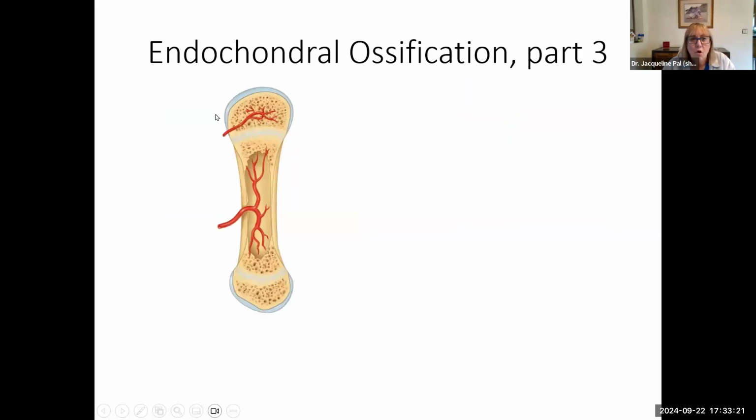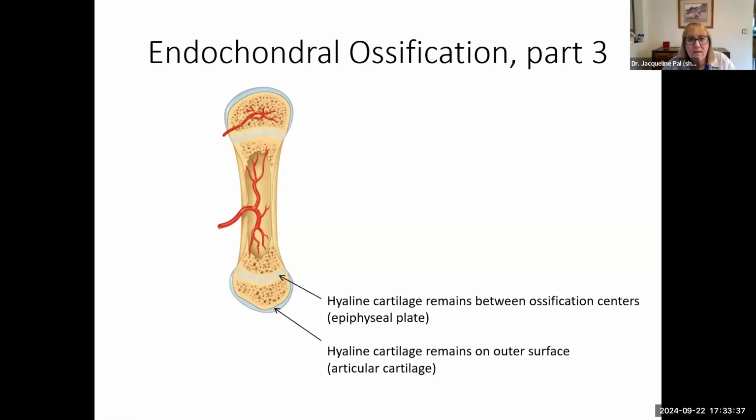So looking at here, we have our articular cartilage, which is hyaline cartilage on the outer surface on each epiphysis of the long bone. And we still have hyaline cartilage between the primary and the secondary ossification centers.